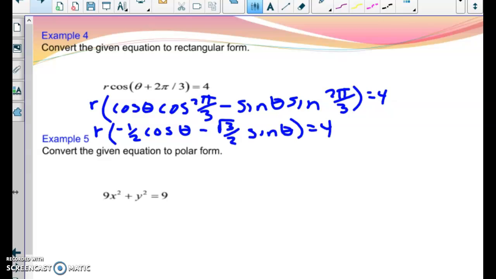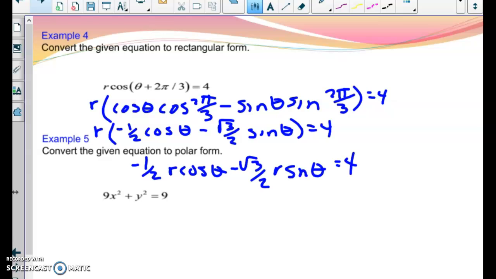And then I'm going to convert. First thing I'm going to do is distribute that r, because that'll give me an r cosine and an r sine. So I'm going to say negative 1/2 r cosine theta minus square root of 3 over 2 r sine theta equals 4. And I know that r cosine is the same as x.